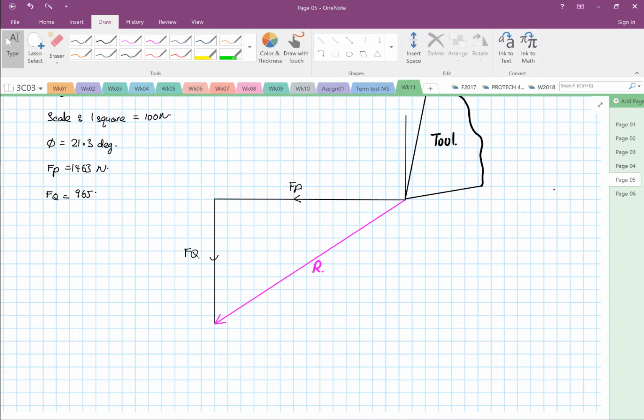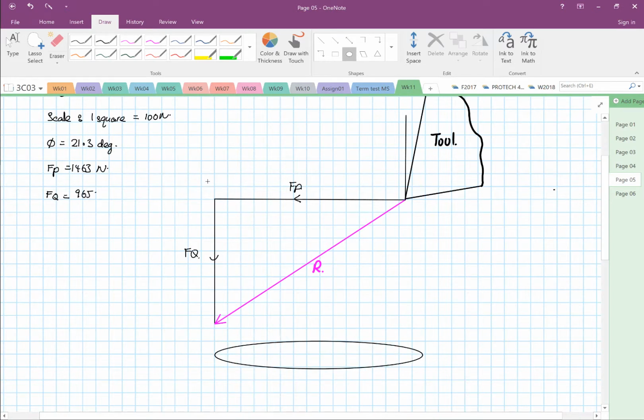Okay, and then from here we can construct our circle. So I'm going to try to sketch out our circle. I calculated the resultant: 2, 4, 6, 8, 10, 12, 14, 16, 17. I calculated my resultant as 17.5.